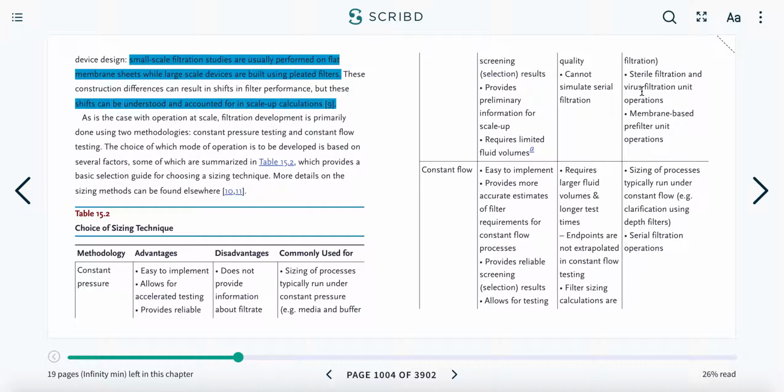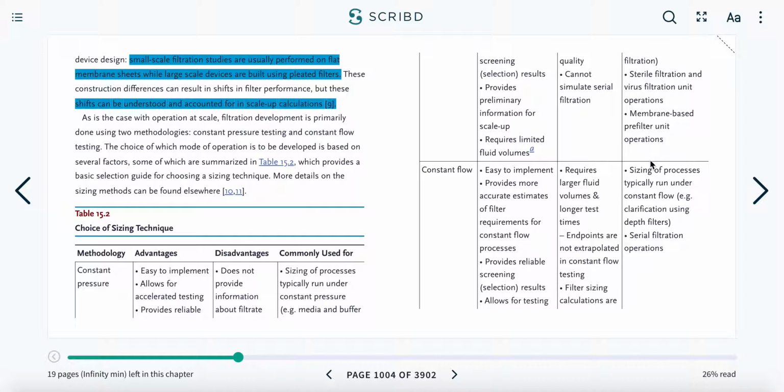Sterile, constant pressure is basically, so basically clarification using depth filter and serial filtration operations, this is where you use constant flow. And then for constant pressure you use media buffer filtration and sterile filtration, and various filtration unit operations, virus filtration, and membrane-based pre-filter unit operations.